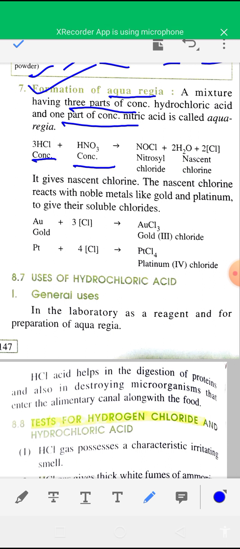It will form nitrosyl chloride, water, and nascent chlorine, which is a very active chlorine atom. In this aqua regia, noble metals like gold and platinum can be dissolved.